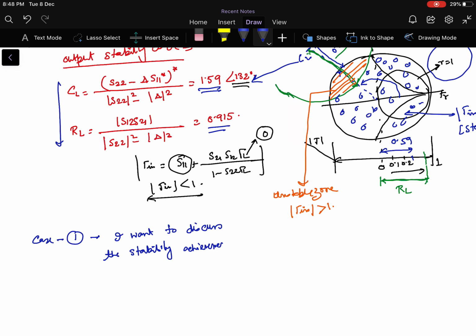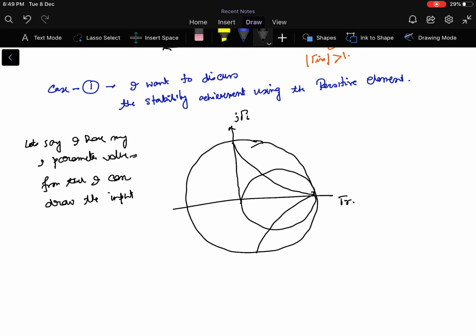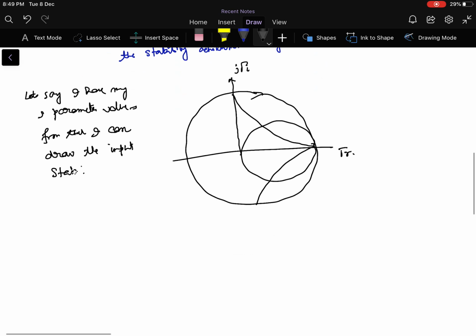Let's say this is my tau R, this is my j tau I. For a particular case I draw my output stability circle. I have been given some S parameter values, and from that I can draw the input stability and output stability circle.